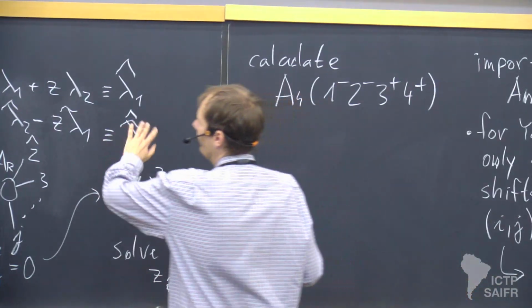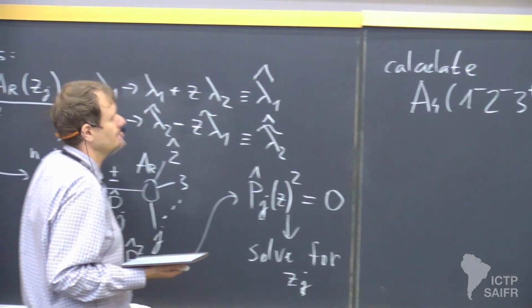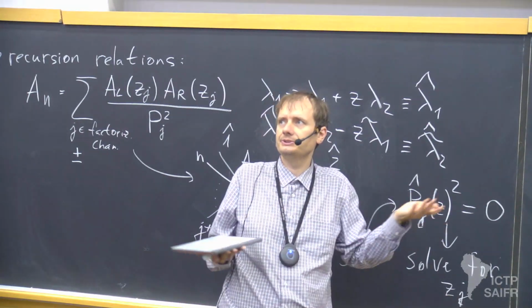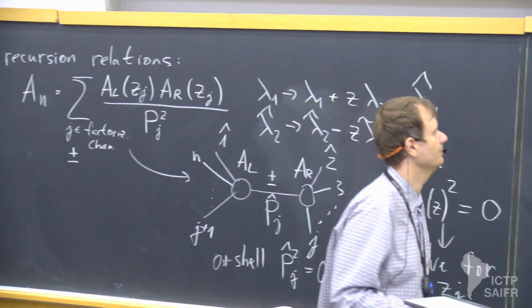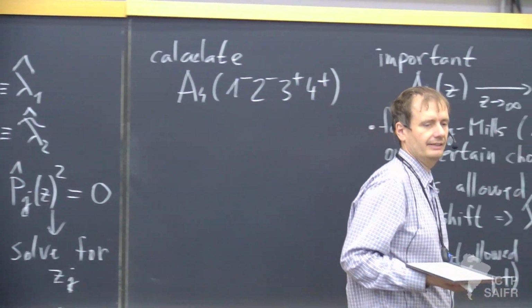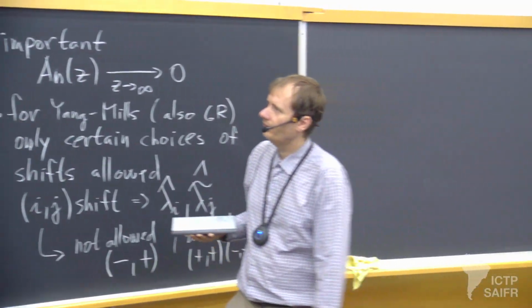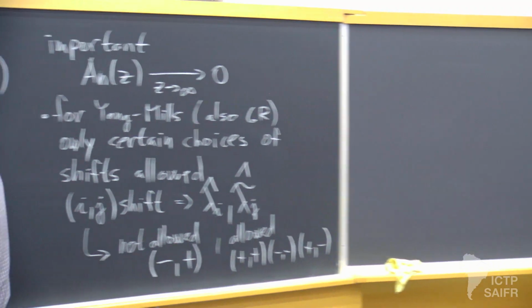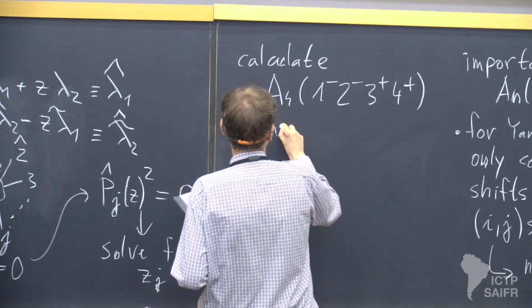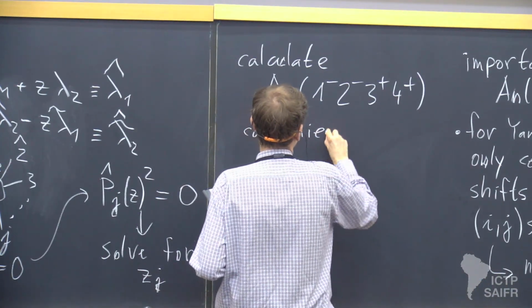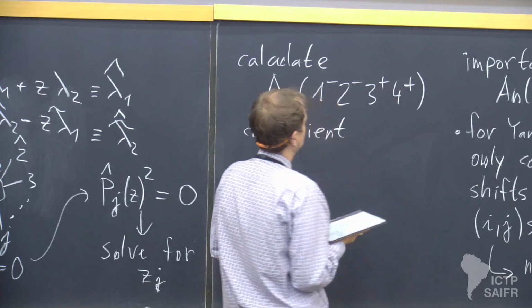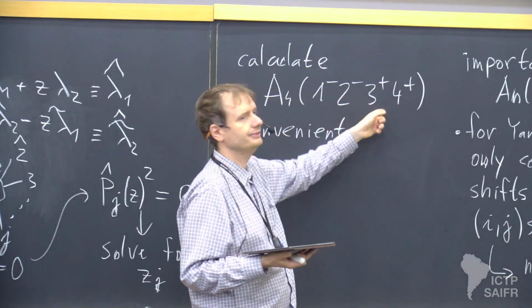And in all these discussions, I shifted 1 and 2, but there was no reason to shift 1 and 2. It was just an example. You can shift anything you want. And as I mentioned before, it's convenient to shift adjacent legs, but you don't necessarily have to. You can shift 1 and 3 if you want.